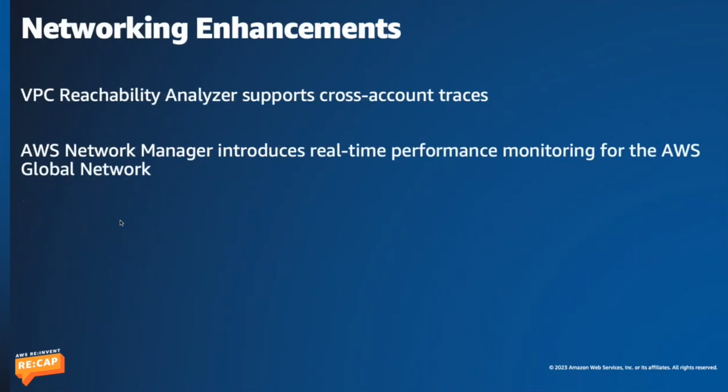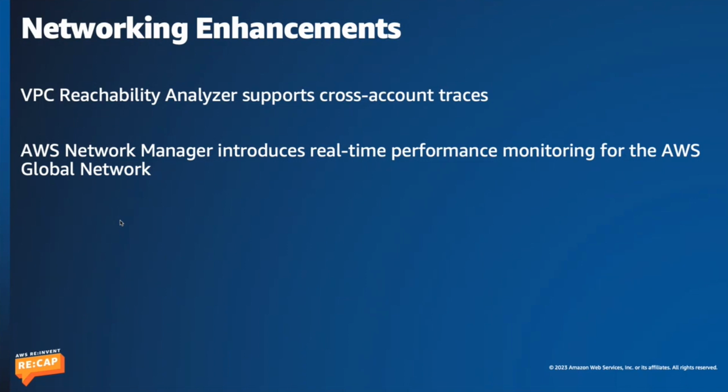When it comes to networking enhancements, the VPC Reachability Analyzer now supports network analysis between AWS resources across different AWS accounts in a specific AWS organization, allowing users to trace and troubleshoot the network reachability across all the AWS organization.